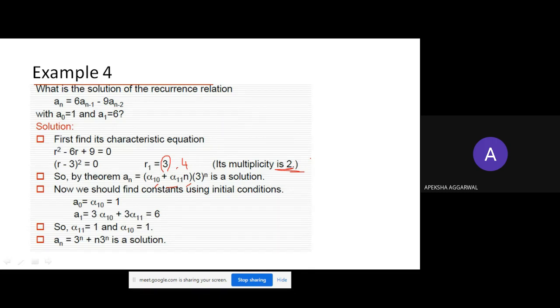So in that case, what you will do is alpha plus alpha n, and with 3 cube, r minus 3 to the power 3, it would be alpha 1,0 plus alpha 1,1 n plus alpha 1,2 n square. Clear? This thing is clear? And then you will solve it exactly the same way. Okay?